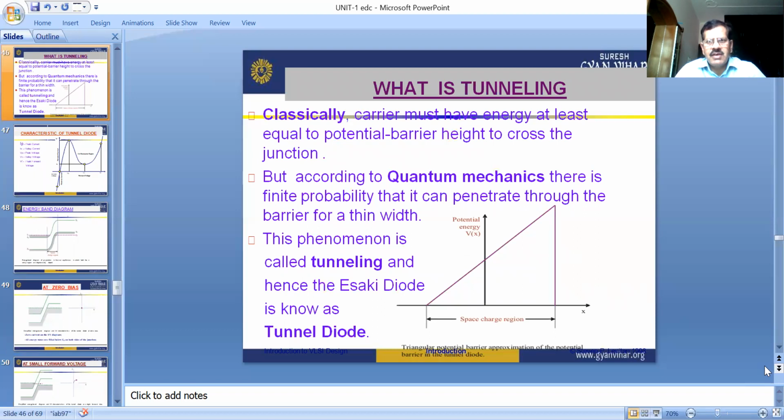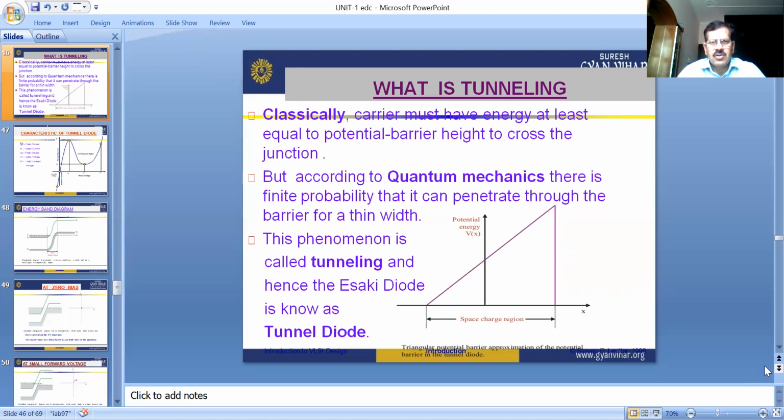The carrier must have energy at least equal to the potential barrier. If this condition is satisfied, then the charge carriers easily cross the junction. Otherwise, this phenomenon is not possible.